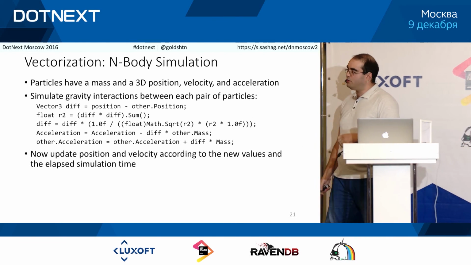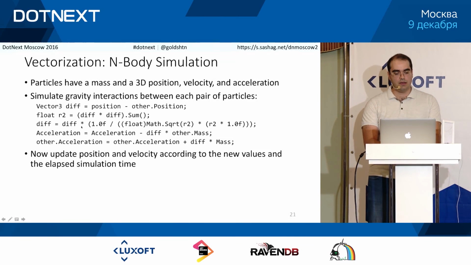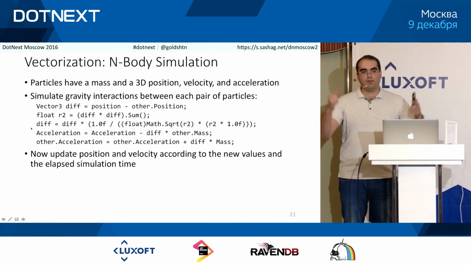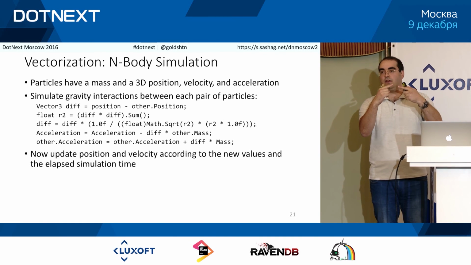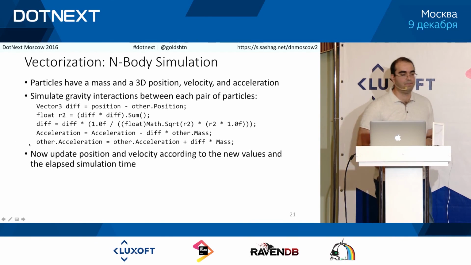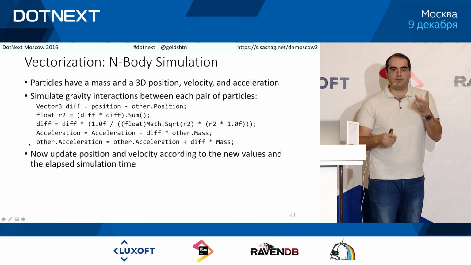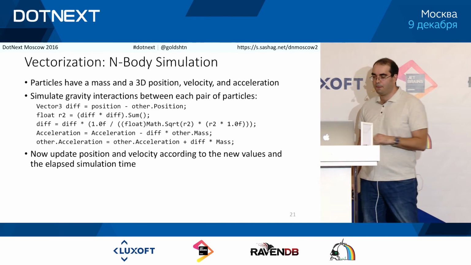There's a loop that you have to run, and at the core of the loop there's this. This is something you have to do for each pair of particles. Each pair of particles is affecting each other, so you have to do all this work for each pair. And then you figure out what the forces are, you update all your particles, and you keep running the simulation.